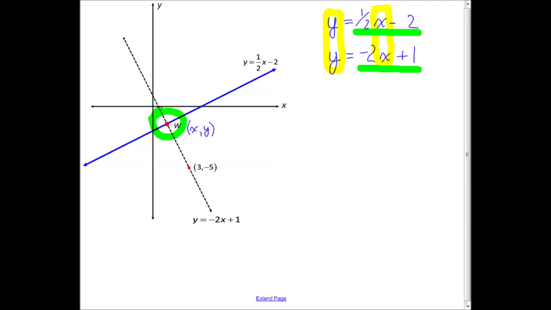So that means I can use the principle of substitution to solve this, which means that I can substitute this expression here for this expression down here. So that gives me the equation 1/2 x minus 2 is equal to minus 2x plus 1.